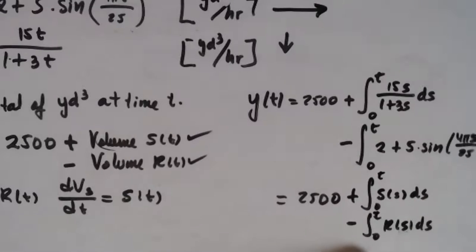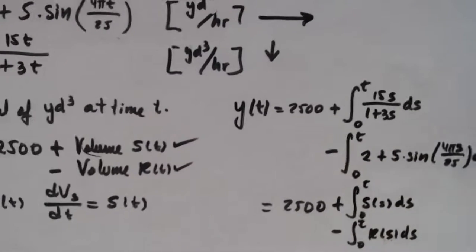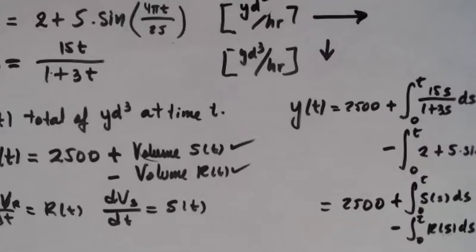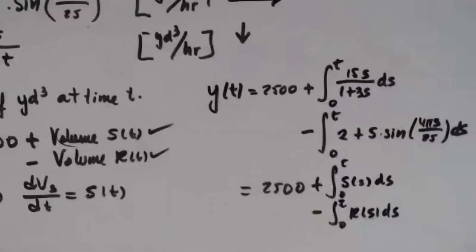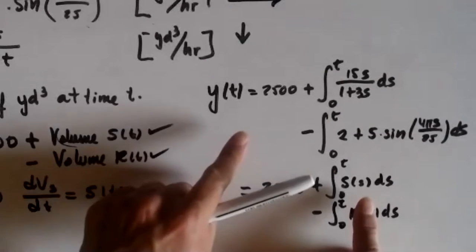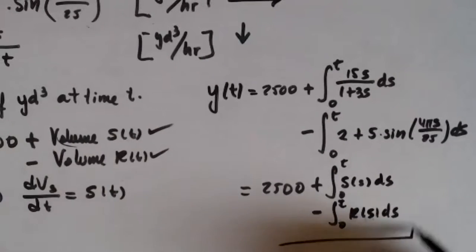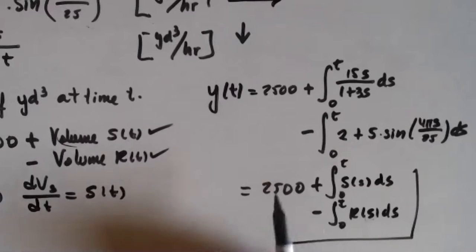Remember what the question is. The question says, write an expression for y of t, the total number of cubic yards of sand on the beach at time t. You don't have to perform this integral, it's just write an expression. So it's just the analysis.